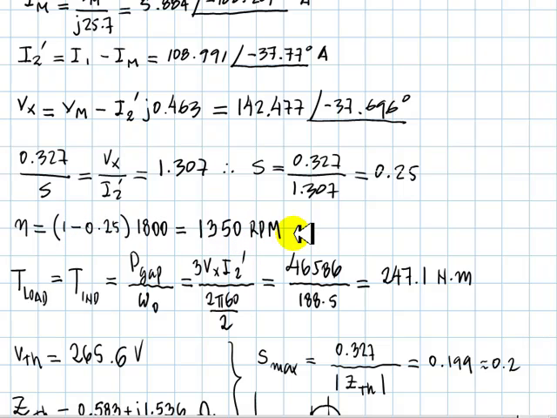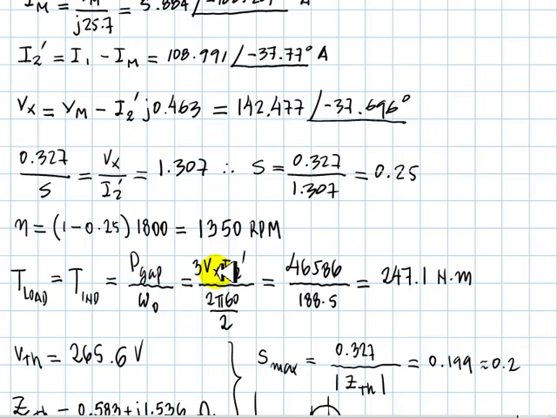That takes care of part A. Now, what is the torque of the load? Because we are told that the machine has negligible rotational core losses, T load is the induced torque, and the induced torque is given by that famous formula we saw in class, P gap divided by the synchronous velocity in radians per second.